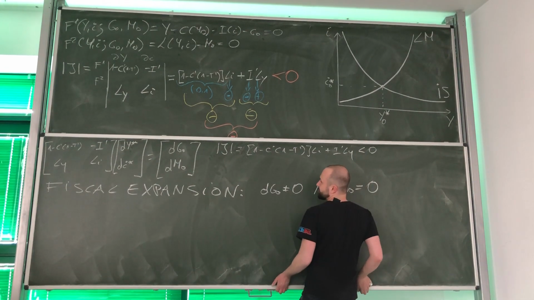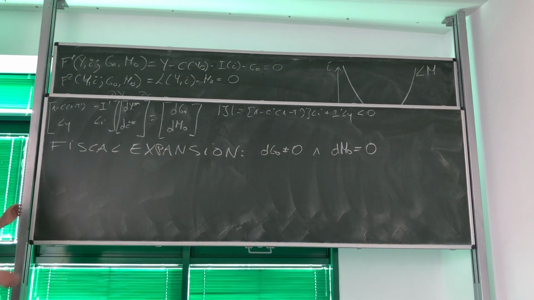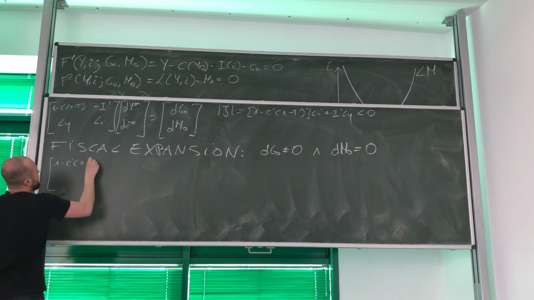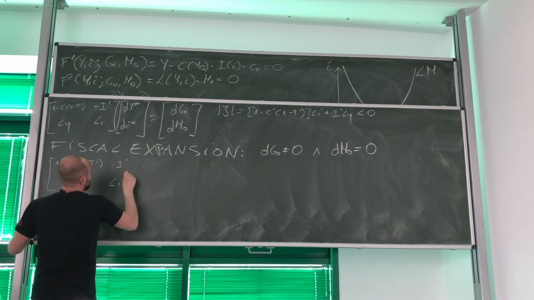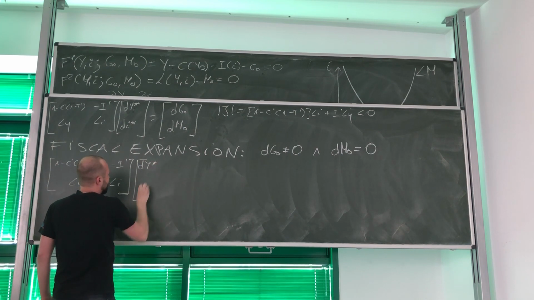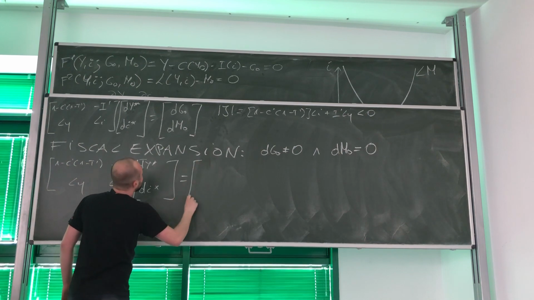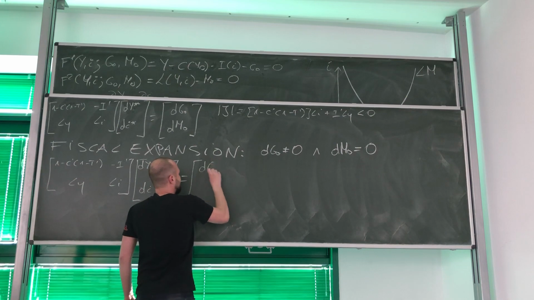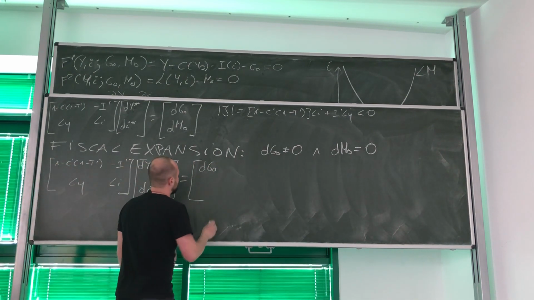Okay, and look, how does our system change? Well, you see, not much is happening here. However, enough to get the outcome. First thing we should notice is that dg0 is different than 0, so it stays. However, dm0 is equal to 0.